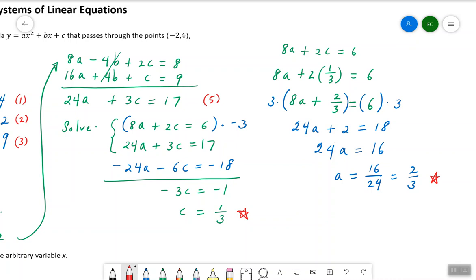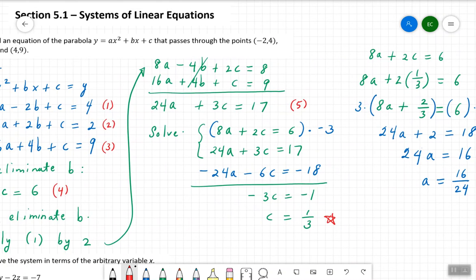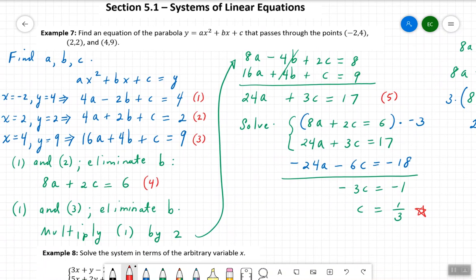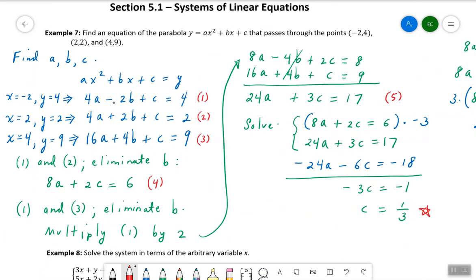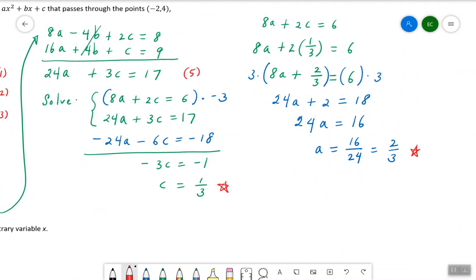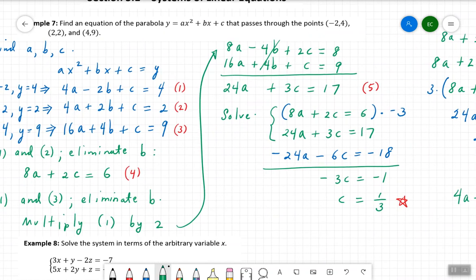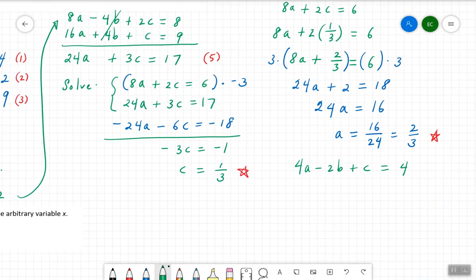So let's go back and get one of those original equations, maybe the very first one. 4a minus 2b plus c equals 4. Let's make sure I wrote that down right. 4a minus 2b plus c equals 4.